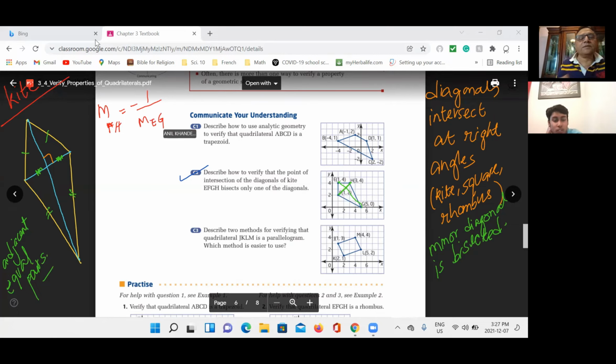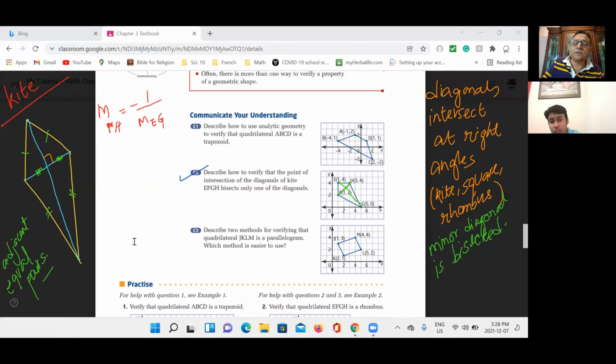Is it okay? Yes, sir. Whatever you got for F and H as your slope, it will always be the opposite. So you flip the sign and the numbers. Correct, perfect. And to show that this is the midpoint, you find the midpoint of the minor diagonal. Is that okay? And that will follow on the other diagonal. Is that okay?